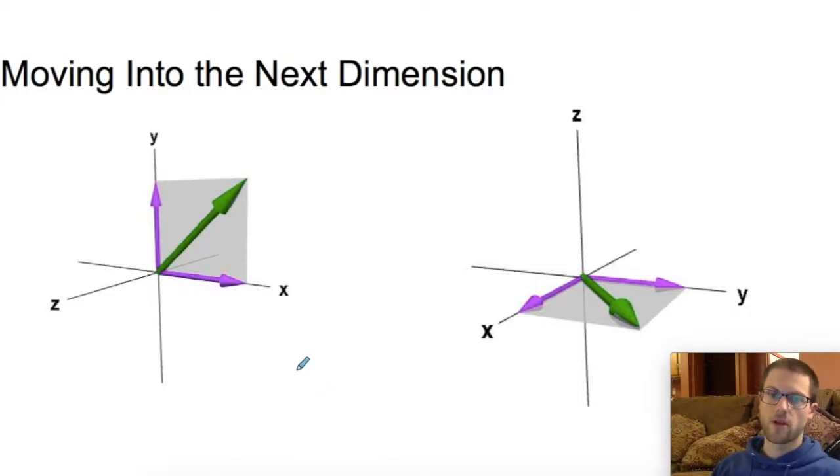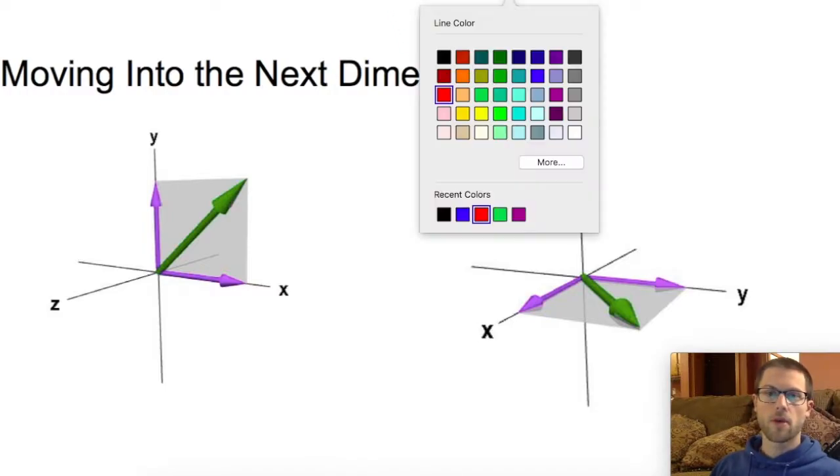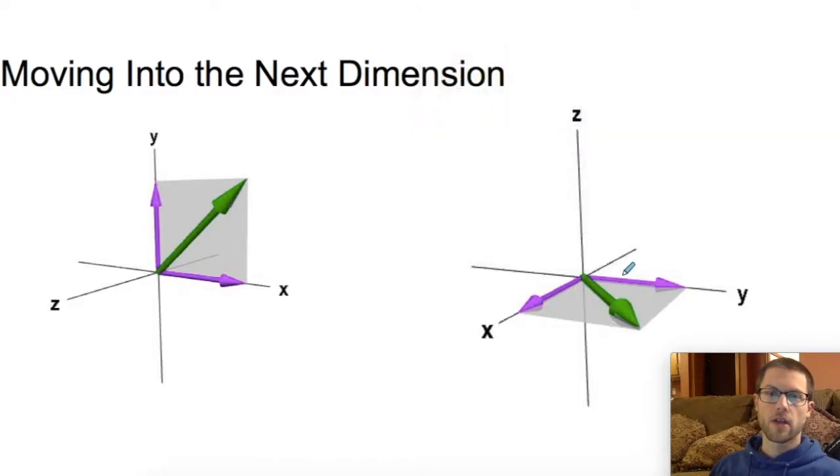So a little bit different, but we'll get used to it. And then sometimes what you'll notice happening quite a bit is usually we get this dotted line that shows that it's going into the page. It's kind of hard to draw three-dimensional things in two-dimensional space, but we do the best that we can.